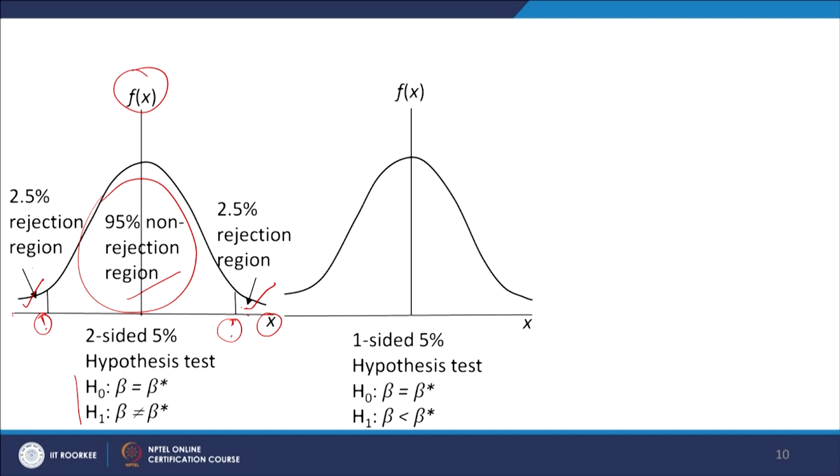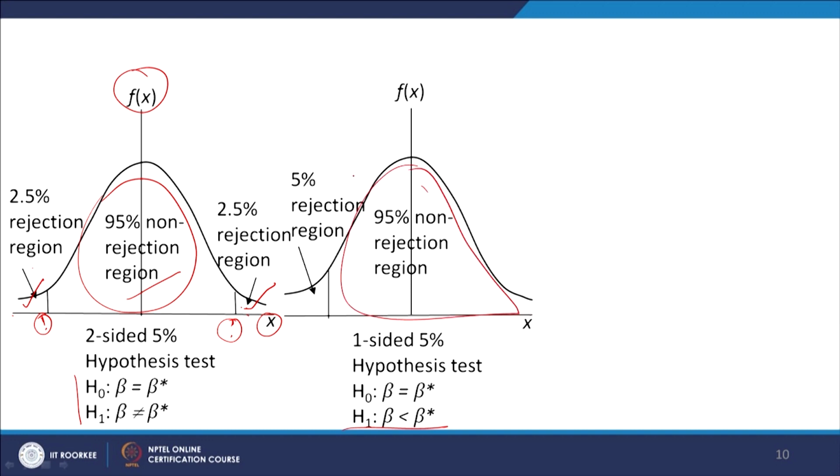Now, we go for one-sided 5% hypothesis testing, that is again the significance level is 5%, but this is a one-sided test where the alternative hypothesis is beta is less than beta star. So, we have here only 5% rejection region, that is on the left, and 95% non-rejection region consists of this entire region.